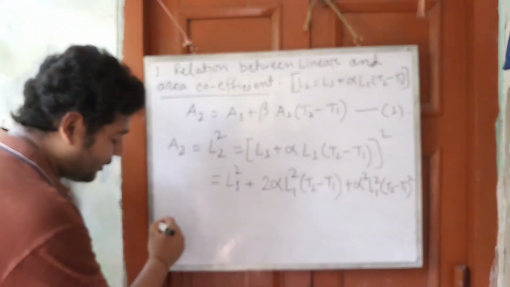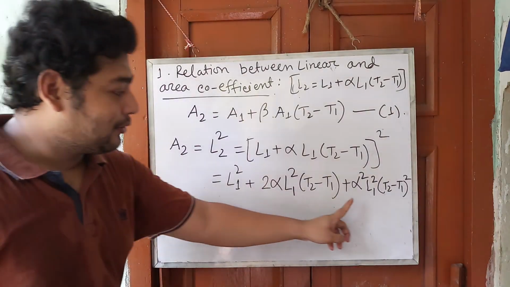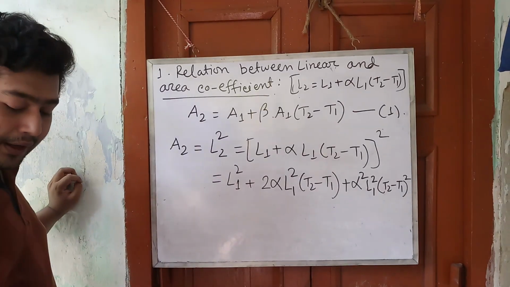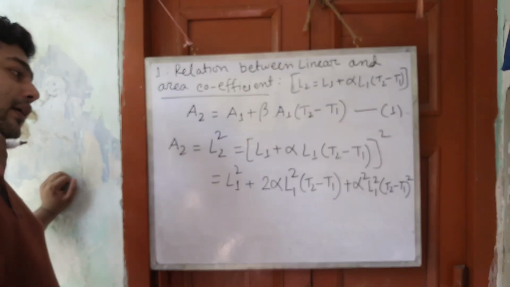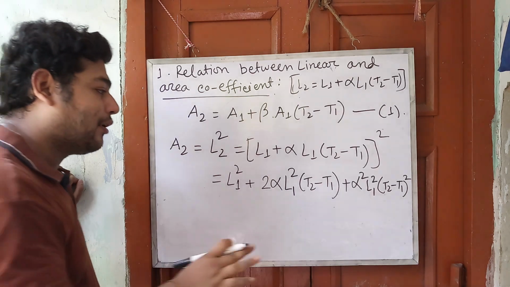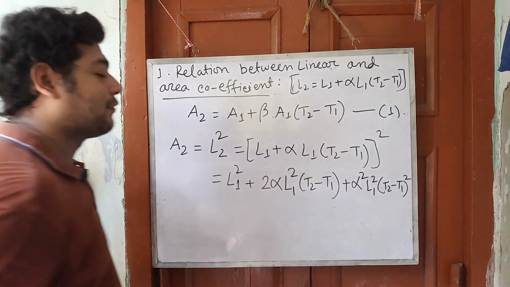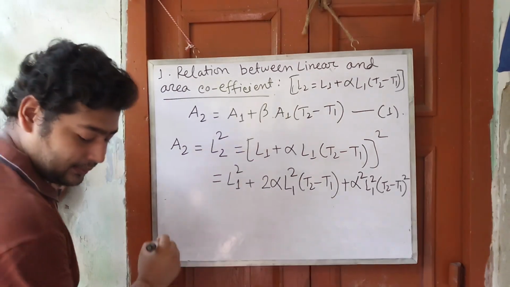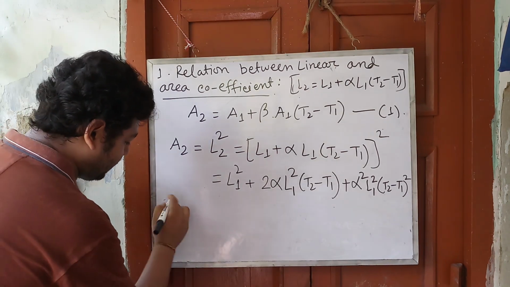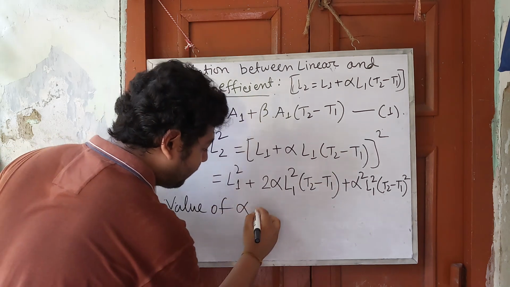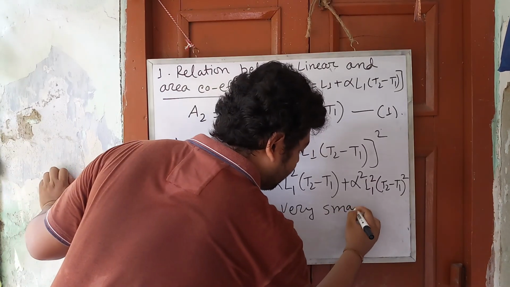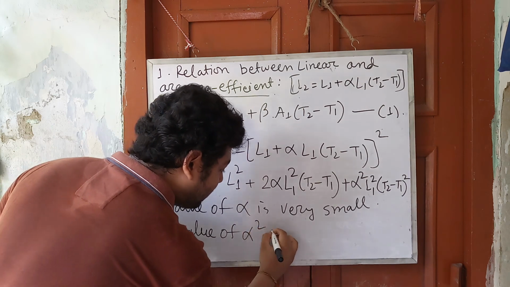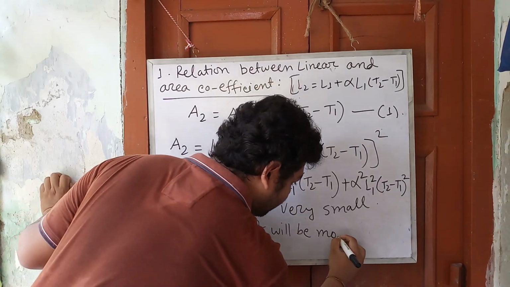So the value of alpha is very small, so the value of alpha square will be much smaller, and we can avoid the alpha square term.